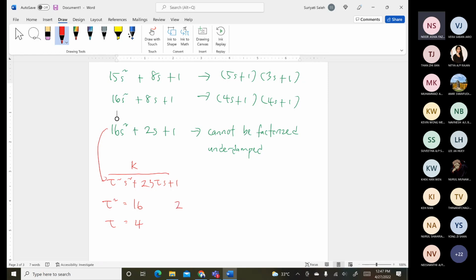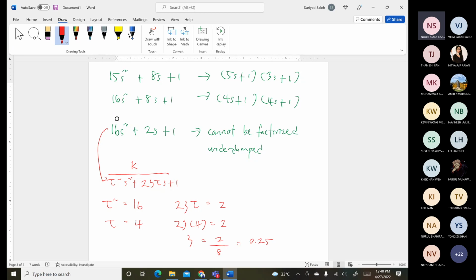And then 2 psi tau equals 2. 2 psi multiplied by 4 equals 2. So you get damping equal to 2 over 8, which is 0.25. This indicates that the value of damping obtained is 0.25, which is under the category of underdamped.